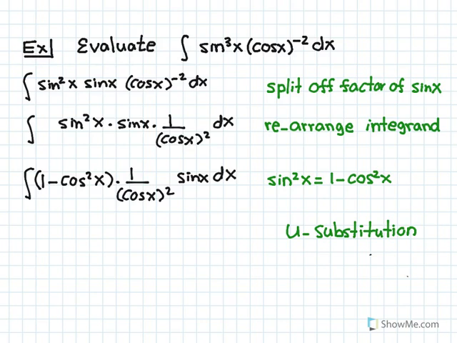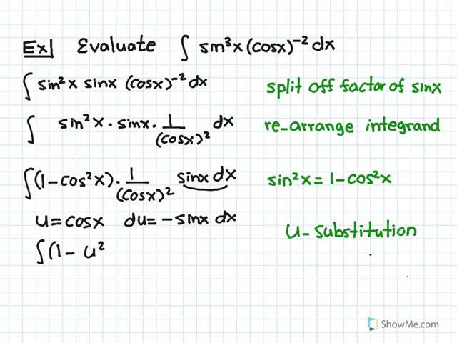We're now going to let u be equal to cosine x, because its derivative is going to take care of sine x dx. So u is equal to cos x, and du is going to be minus sine x dx. Now let's get everything in terms of u. Let's transform the integral. We get 1 minus cosine squared x, that's u squared, times 1 over cos x squared, that's u squared, times sine x dx.